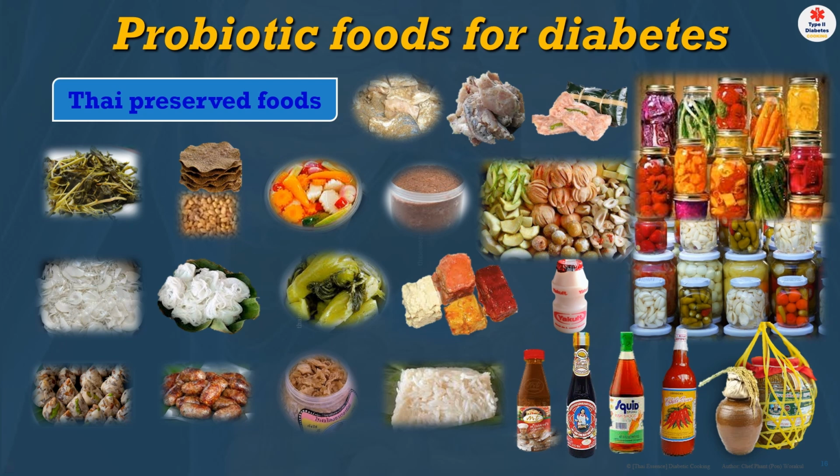But most of the time, the foreigner cannot handle it because of the pungent smell. Like when you cook some Thai food with the preserved food, especially if you live in the U.S., a little preserved food will sting your house for 2 or 3 days. Even though you turn the fan on, it still doesn't go away, because it has a pungent smell. But the Thai people love it.